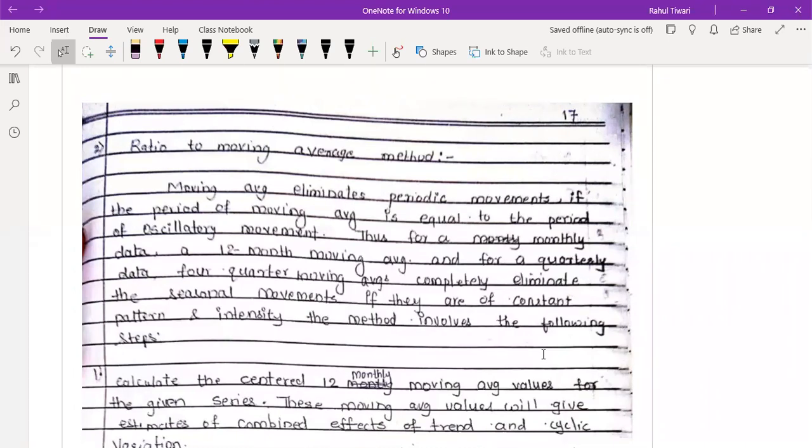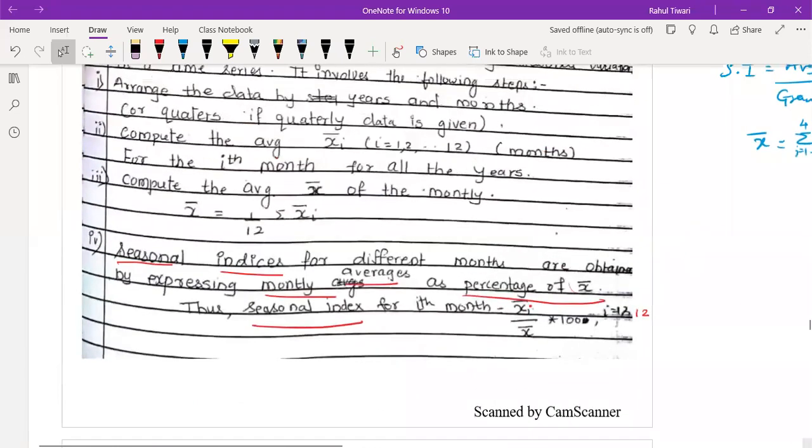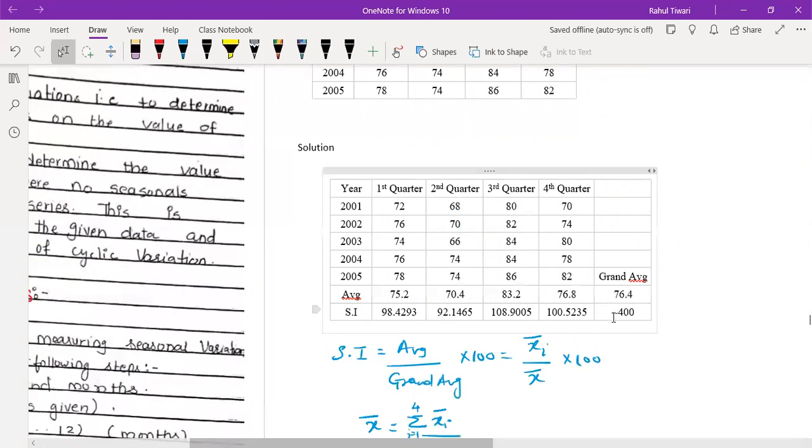Thus, for monthly data, we use a 12 months moving average. For quarterly data, now what I was talking about here, 1200, and that is all. See, why is it turning to 400? Why not any other number? Whenever we have quarterly data, it is always turning to 400.